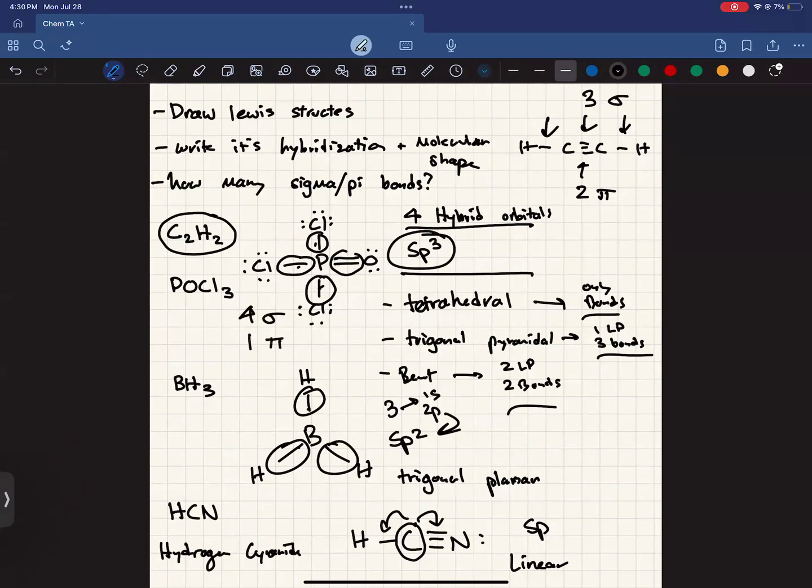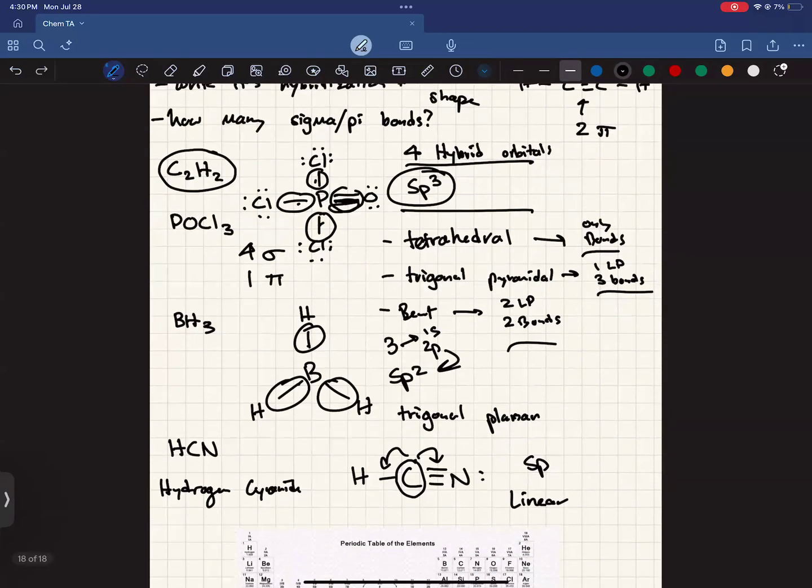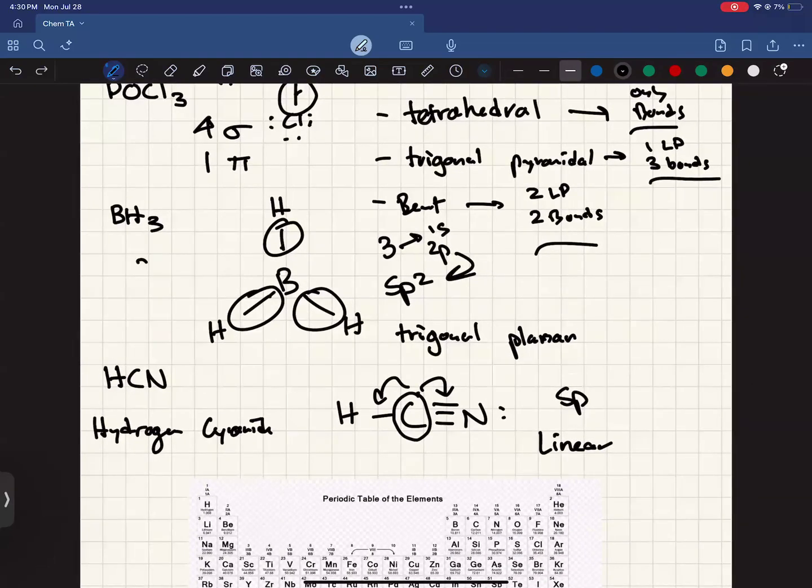The only way you're going to have a pi bond is if you have a double bond or a triple bond, because that's the only time they're actually formed. Single bonds are always sigma bonds. In a double bond, the second or third bond is going to be a pi bond. So these two are pi bonds in this one, and this one is a pi bond. In this, we just have 3 sigma bonds, 1, 2, 3.